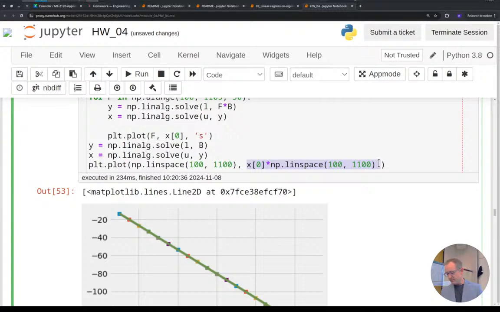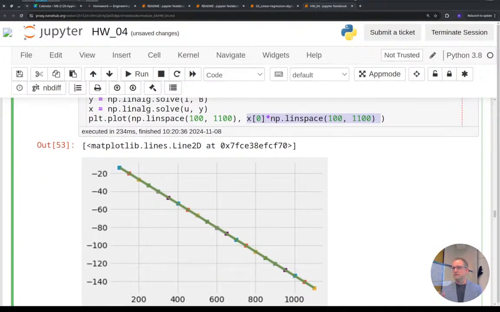It ends up being the same exact result, whether I solve it every time or just take the one solution and scale it. Cool. The question that nobody asked, there's the answer.